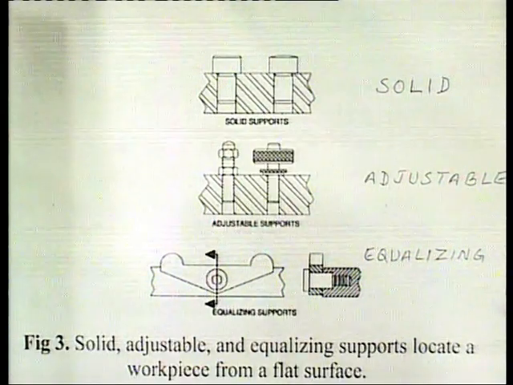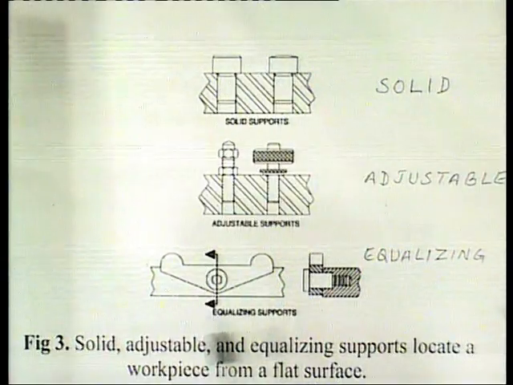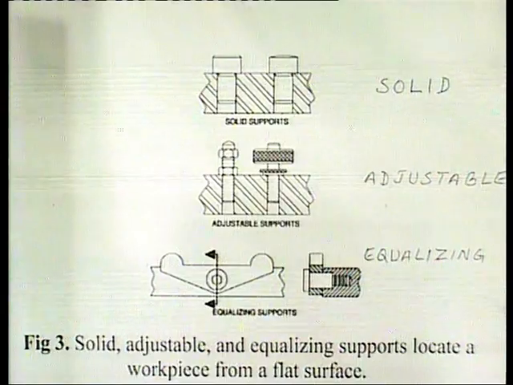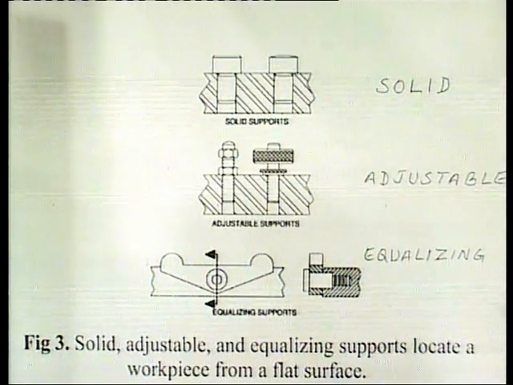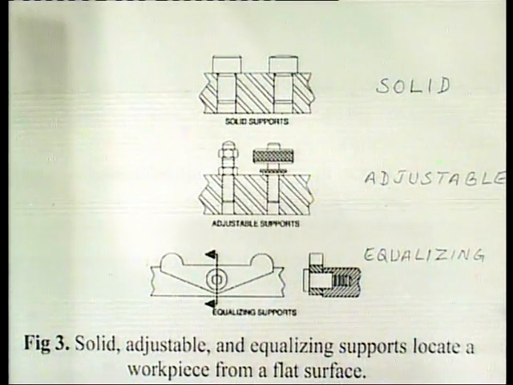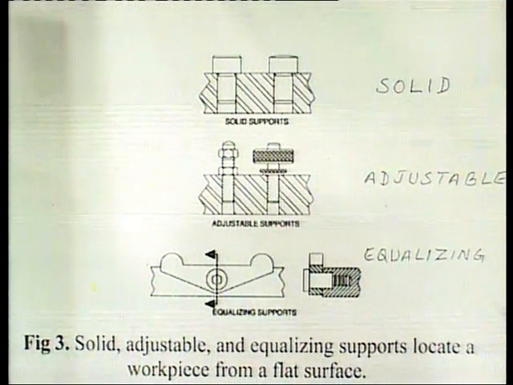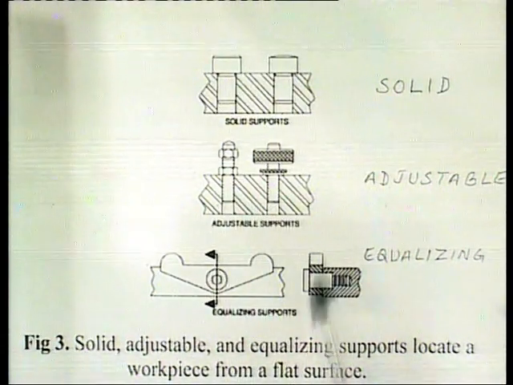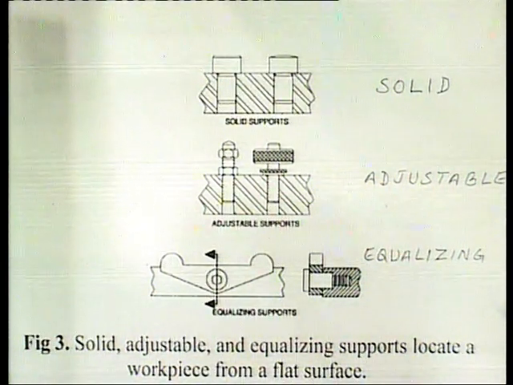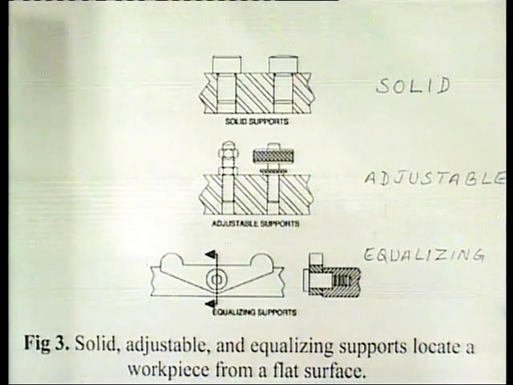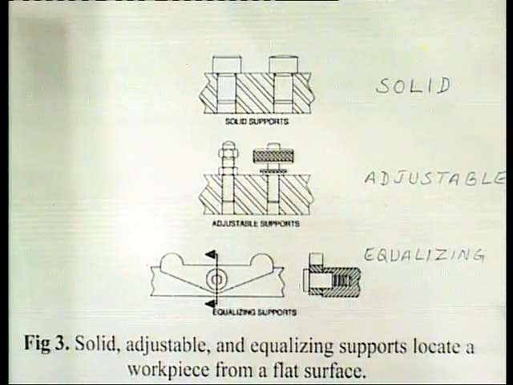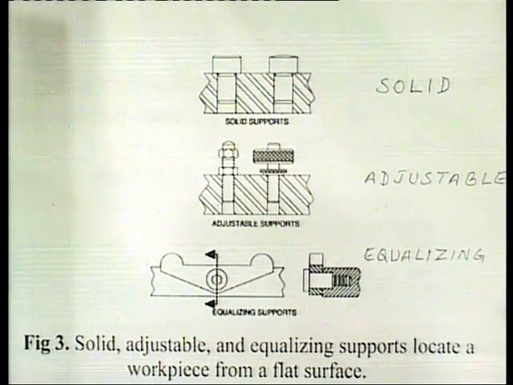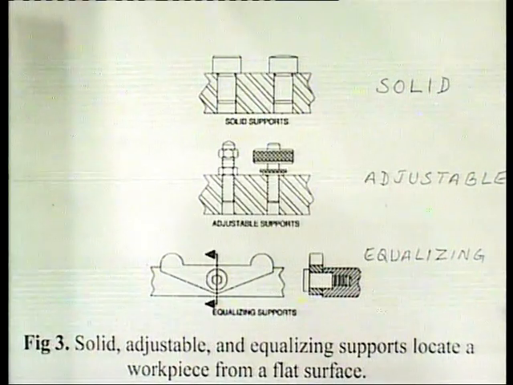Similarly, in this figure, we can see the equalizing supports arrangement. These are a form of adjustable support used when a compensating support is required from both sides. Although these supports can be fixed in position, in most cases equalizing supports float to accommodate workpiece variations.